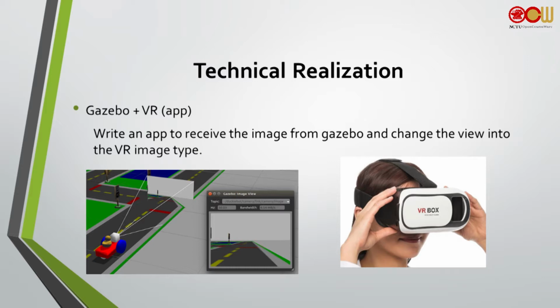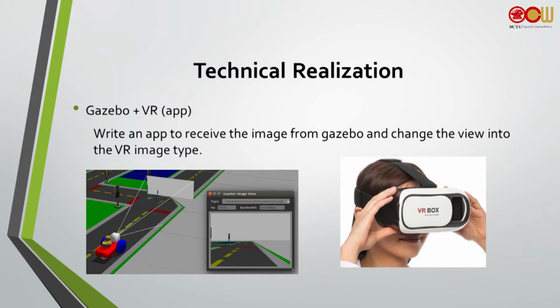Because if you have used a VR box, you know there are just 2 images for your eyes, because people have 2 eyes. So I will get data using 2 cameras in the virtual world. And after that, I'll send the images by topic to the app.